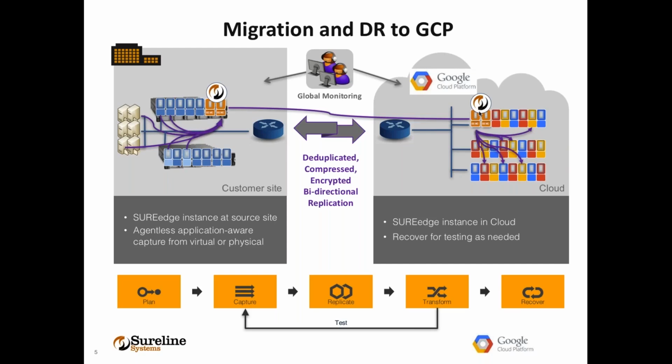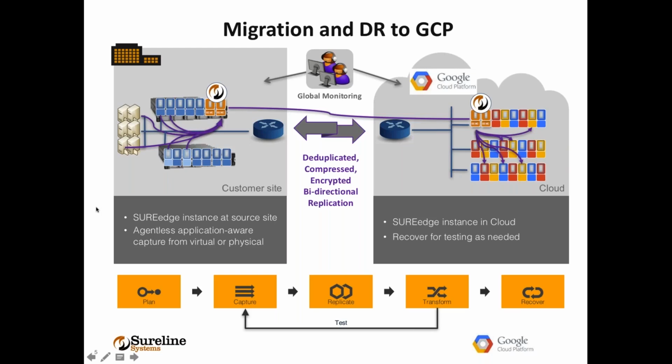The two instances communicate safely and efficiently. They use encryption to protect your data, and again, they use a global deduplication scheme so that multiple copies of the same data, even across source systems, is only transmitted between the sites one time. This greatly reduces your network bandwidth requirements, especially across the WAN, getting your data to the second site or into the cloud. All these operations are performed within our framework of our workflow.